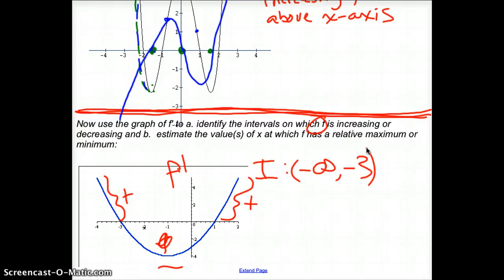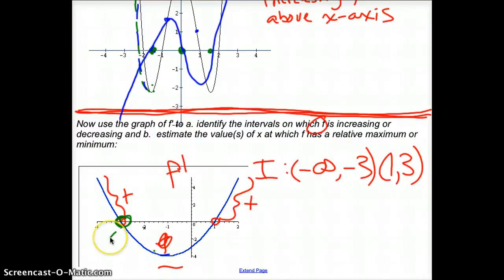Where are my relative extrema of the original graph? At -3 and at 1. Okay, so it's also increasing from 1 to 3. I'm going to stop for a second. Obviously, it's decreasing between the 2. But if they asked you if this was a relative min or a relative max, right? If the slopes went from positive to negative, max or min?